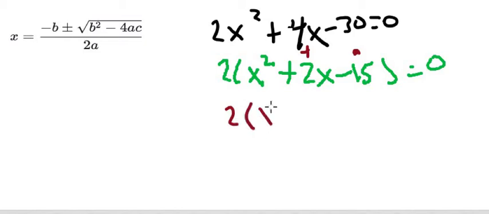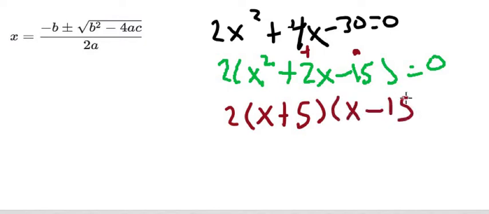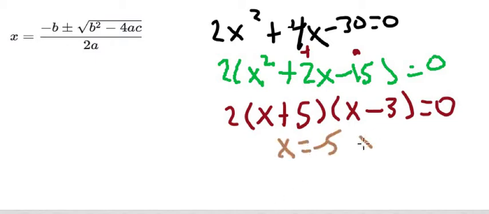Then it's going to be a positive 5 and a negative 3, because 5 times negative 3 is negative 15, and 5 plus a negative 3 is a positive 2. That's why I try not to speak when I'm writing. I start saying numbers, and I'll write what I'm saying instead of what I mean to write. So my solutions, as we already know, would be x equals negative 5 and x equals 3. Well, of course, that's what we already knew from before.